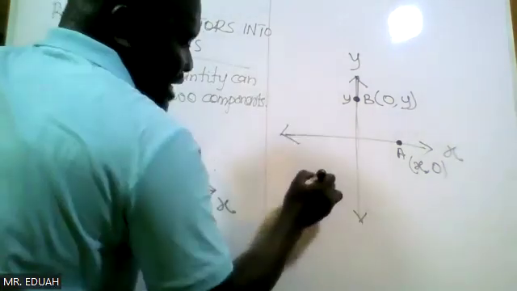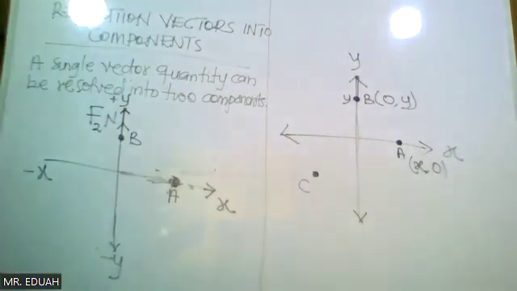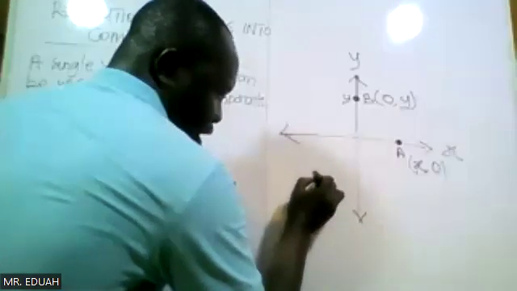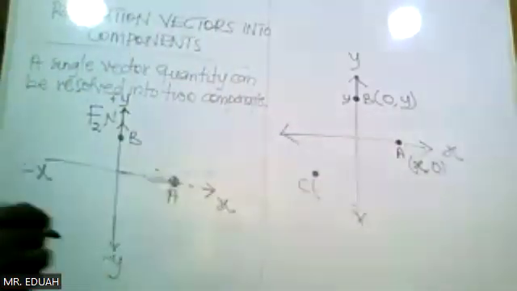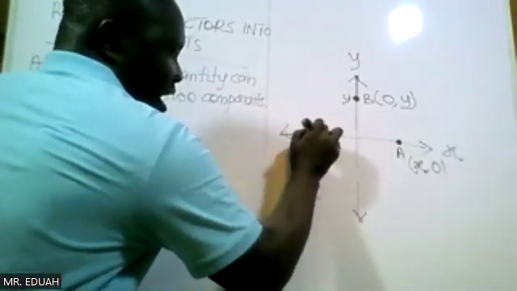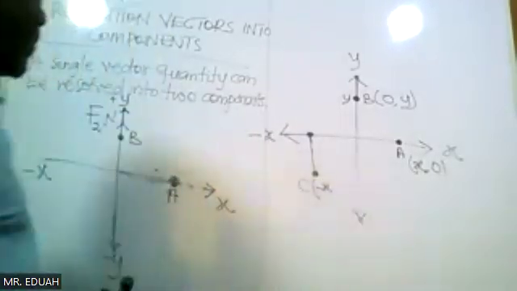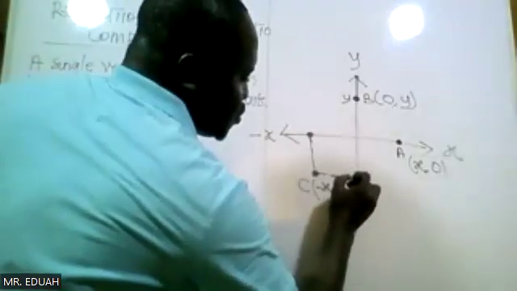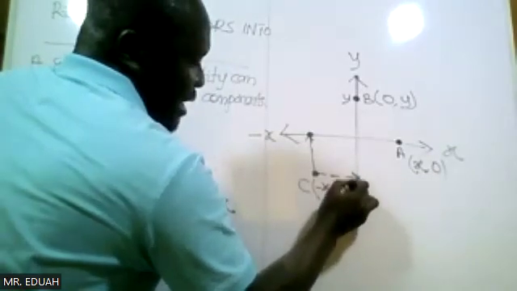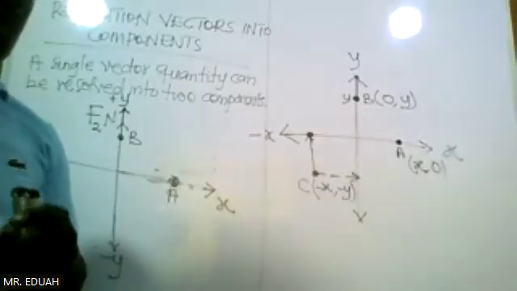If the point is here, maybe C, and you are asked to express the point C in coordinates, the x component will be whatever is here, but this is negative x. So x will be minus x, and y, you read it from here, also minus y. Are you okay with the explanation?